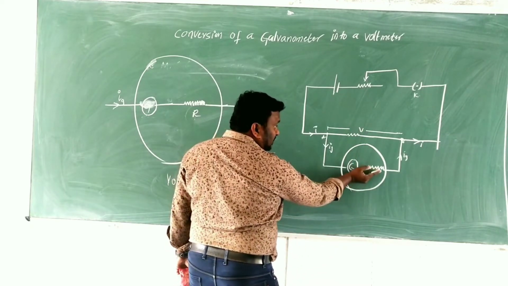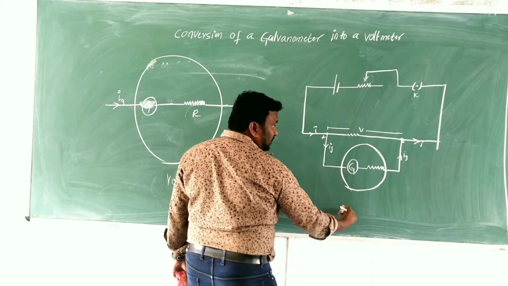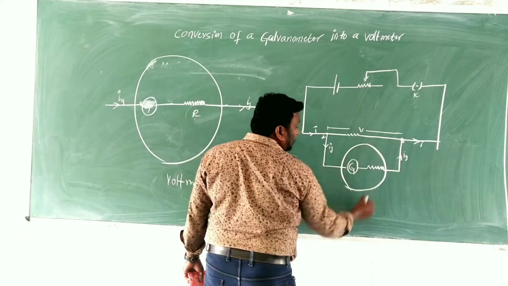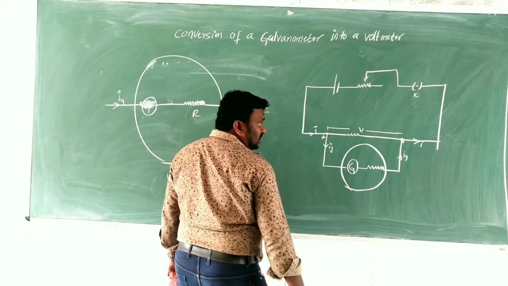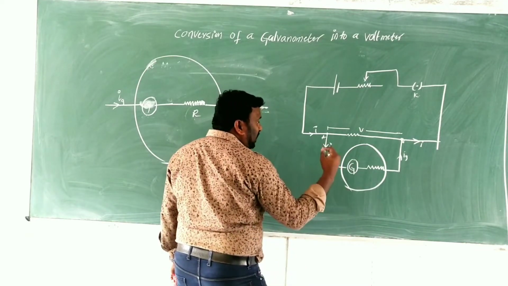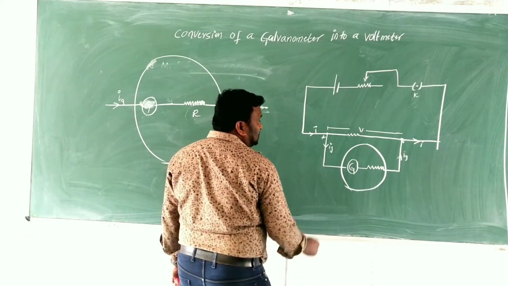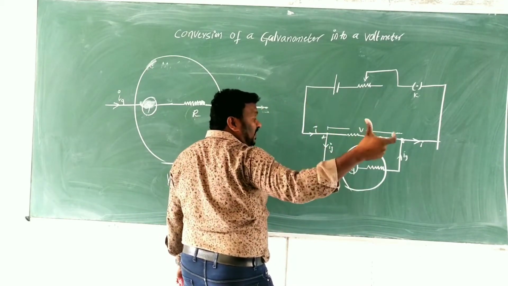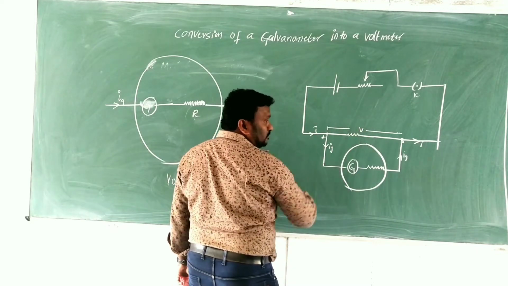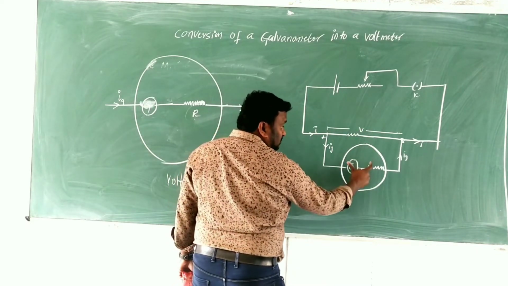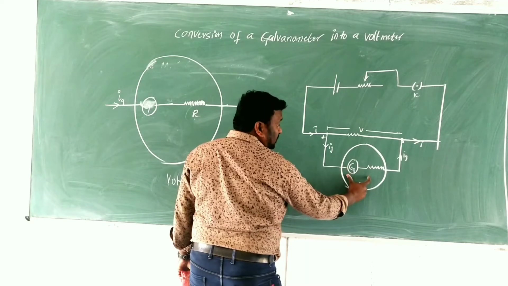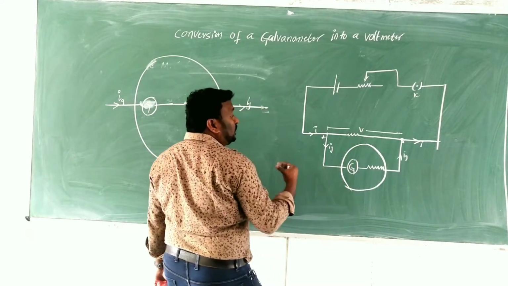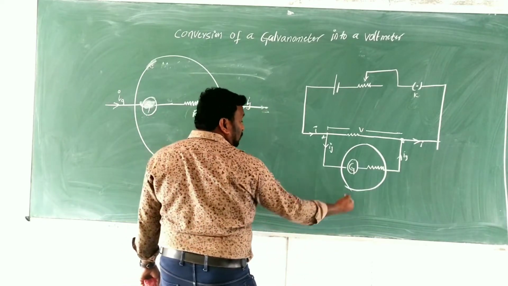Children, this circle is the voltmeter, connected here in between A and B. That means we want to find out the potential difference between the two points A and B. That is what we are going to find out, taken here as V.